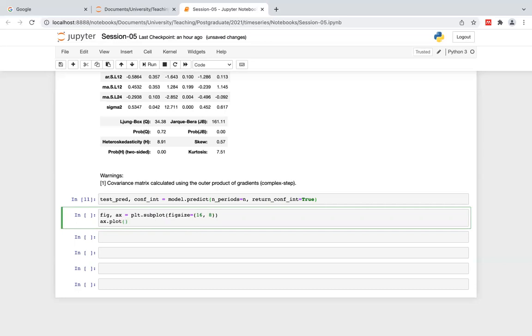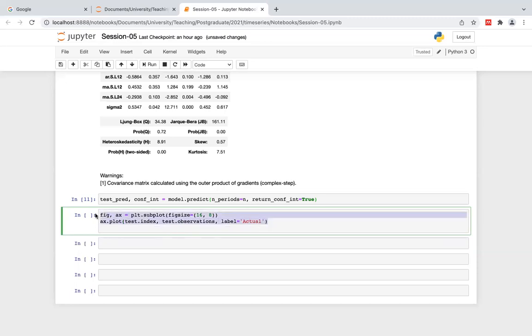Because it's the test data, I set the test indexes as the X, then the test observations, the raw data. I set the label as this line, which is the actual value with the test data.